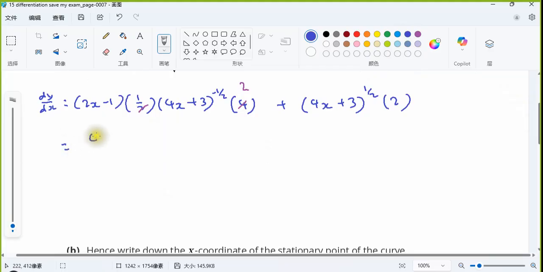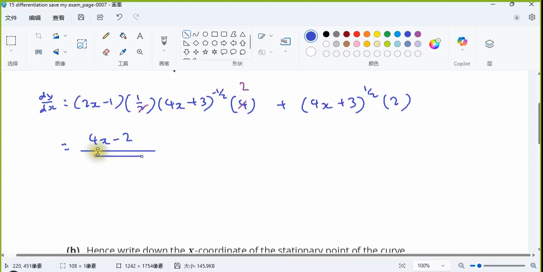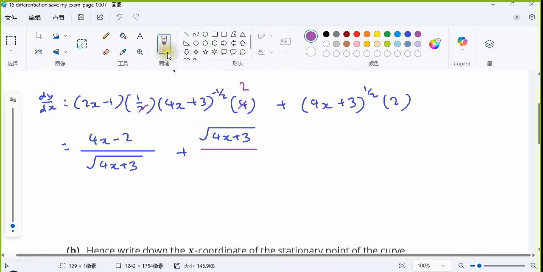Then we have 4x minus 2 over the square root of 4x plus 3, plus the square root of 4x plus 3, and the denominator is 1 here. So we multiply with this.